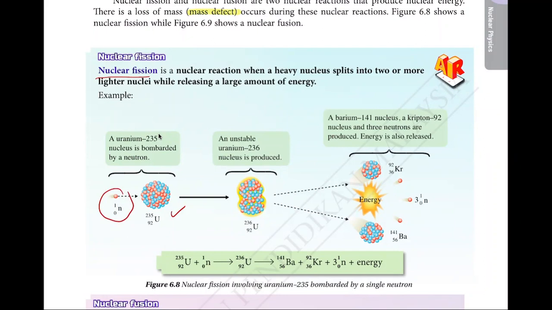Now, why do we use a neutron and not a proton or electron? Anyone can guess why we use a neutron to bombard the uranium nucleus and not an electron or proton?